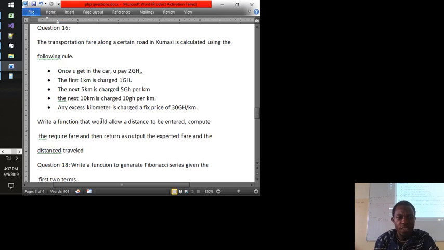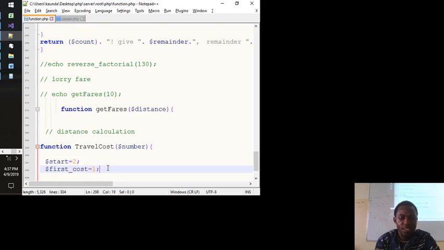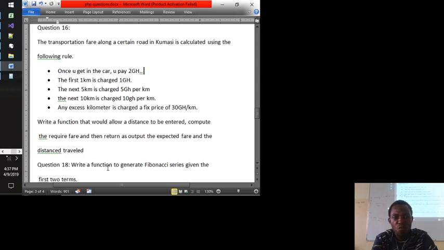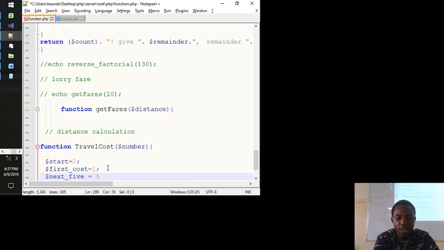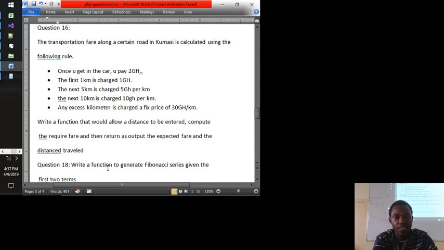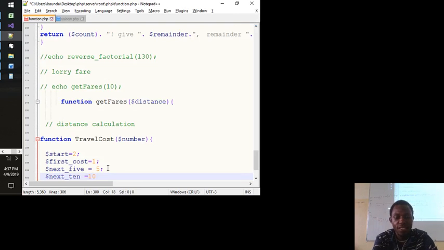So the next one is next 5, and that one is 5 cedi per kilometer. Then the next 10, so I'll have next 10, that is 10 cedi per kilometer.